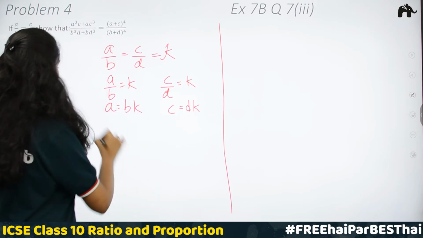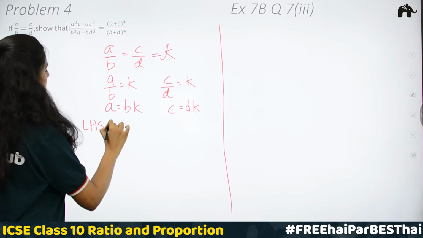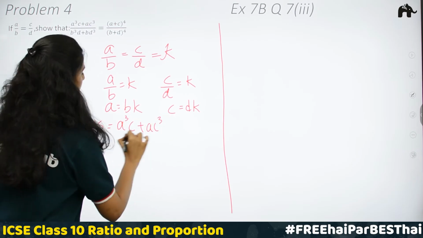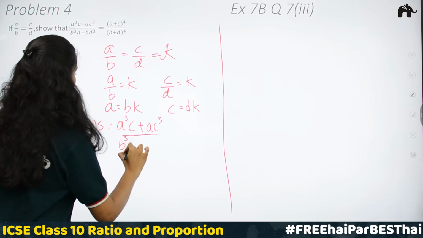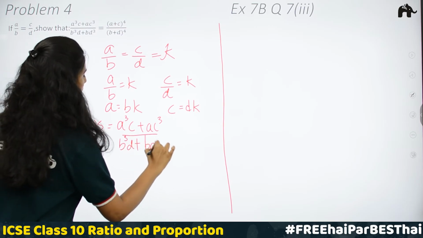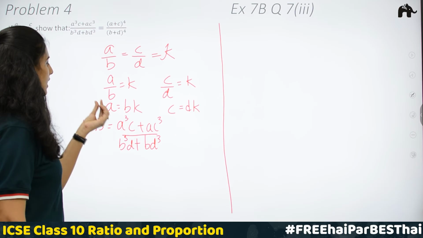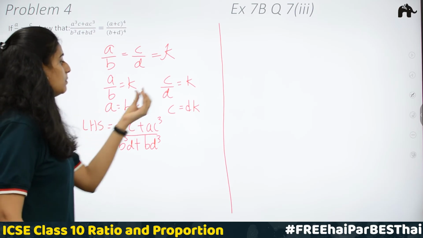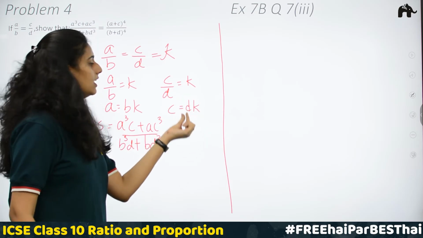Take the LHS. Here in the LHS we have A cube C plus AC cube divided by B cube D plus BD cube. Now, in place of A, we are going to substitute BK, and in place of C, we are going to substitute DK.